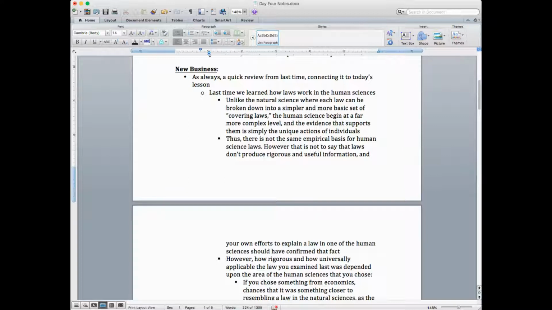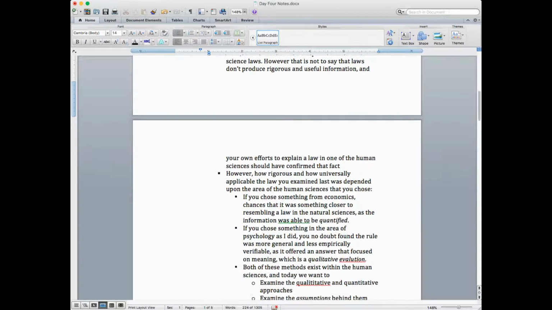So they operate and are supported very differently than in the natural sciences. Thus, there's not the same empirical basis for human science laws. However, that's not to say that the laws don't produce rigorous and useful information. And your own efforts last time on the study sheet to explain a law from one of the human sciences should have confirmed the fact that it produces useful knowledge.